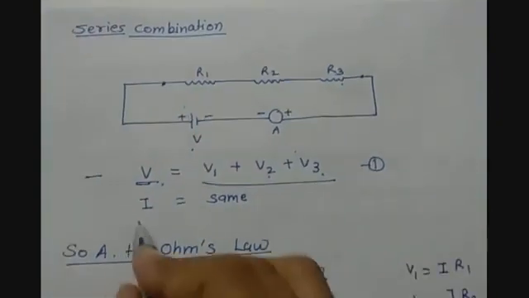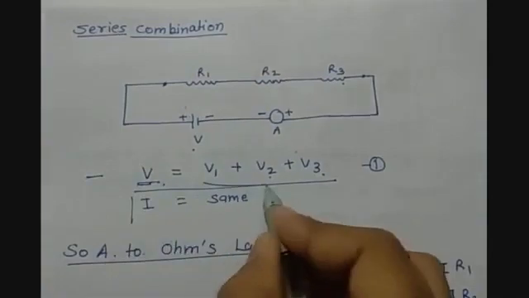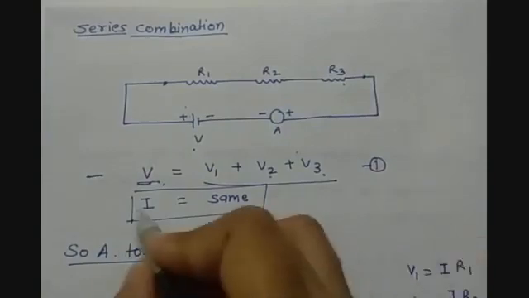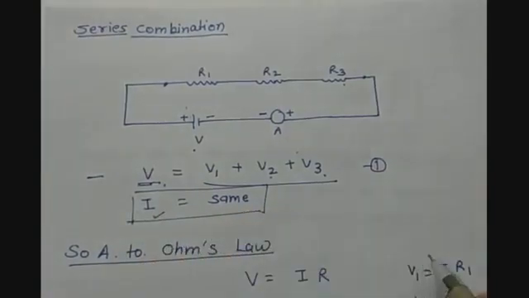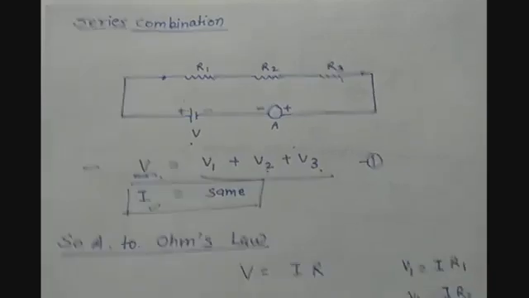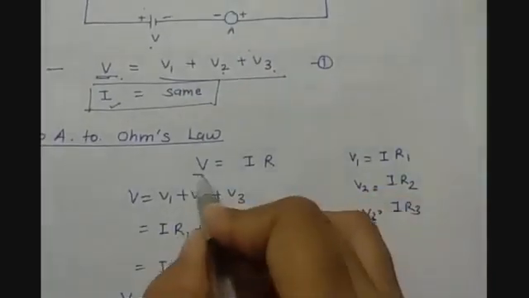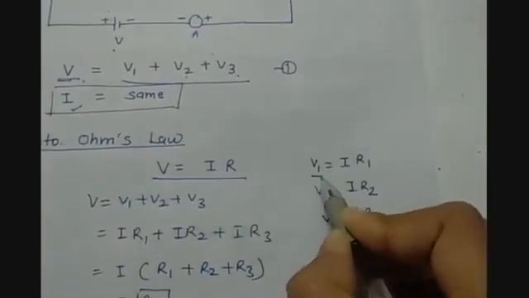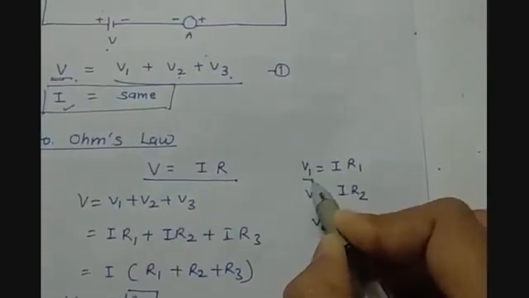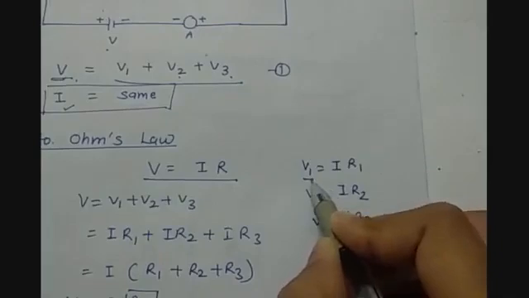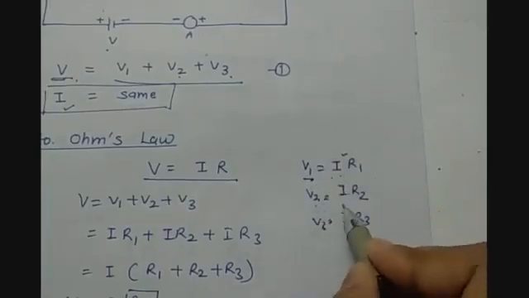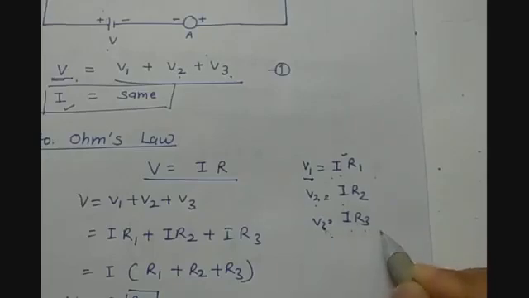We also found out with the help of one activity that the same current flows through each resistor in the circuit. That is given by I. According to Ohm's law, we have V equal to IR, but as V1 is different for R1, accordingly we have V1 equal to IR1, as the current is the same in all, V2 equal to IR2, V3 equal to IR3.